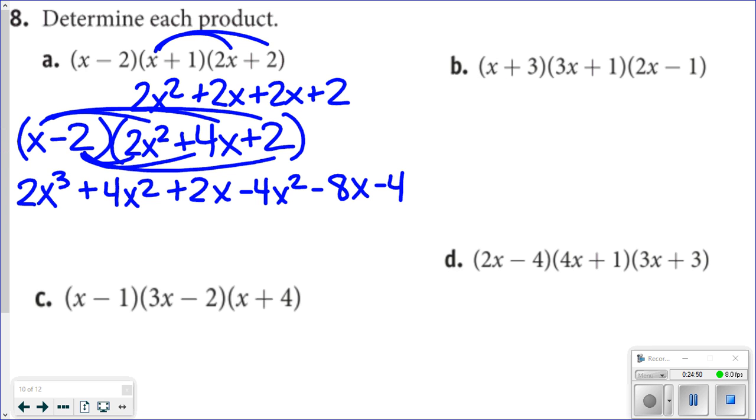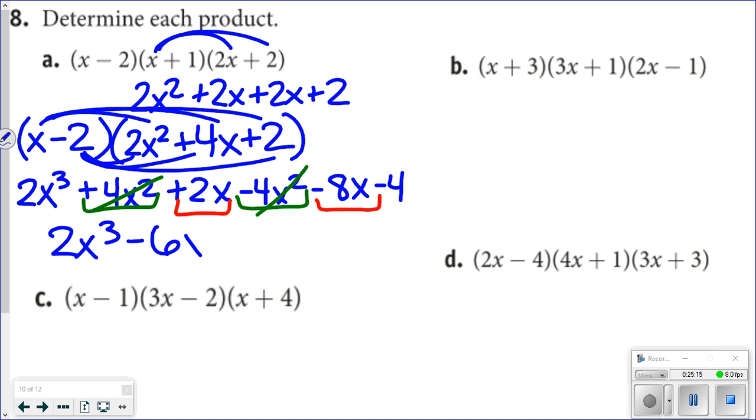Again, use the box method if that's what you prefer. We need to combine our like terms here. So I have 2x cubed. My 4x minus 4x completely cancel each other out, so I'm not going to even write it. 2 minus 8 is negative 6x, and then minus 4 goes at the end, and that would be our final answer.